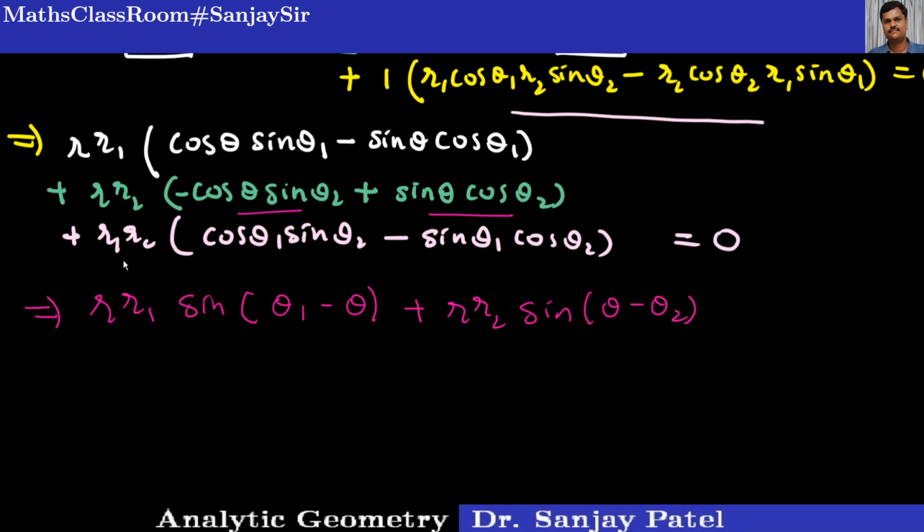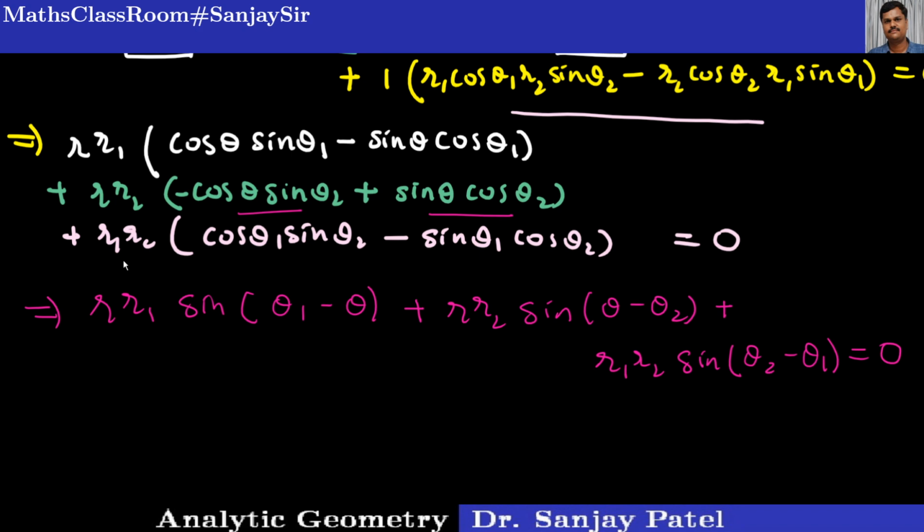And plus, finally, this gives me r1 r2 into sine of theta 2 minus theta 1, correct? One has to understand the order also. Theta 2 minus theta 1 is equal to 0.